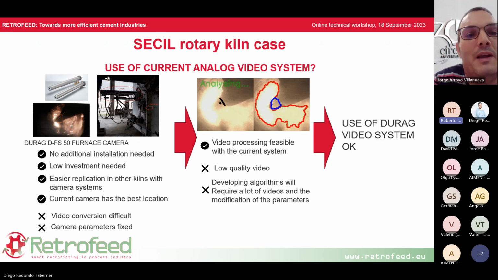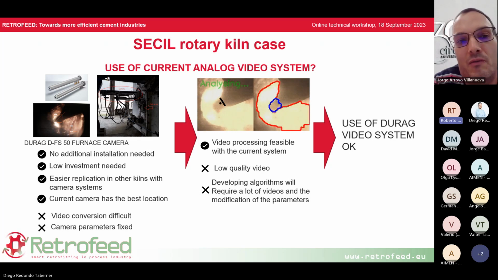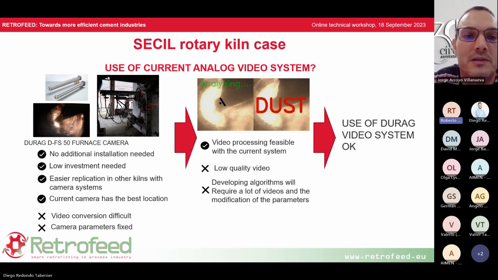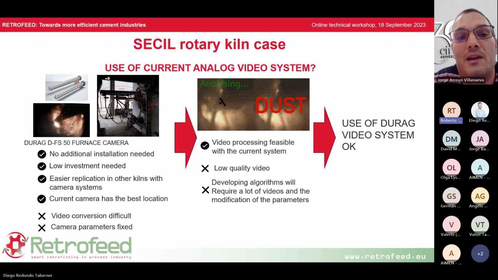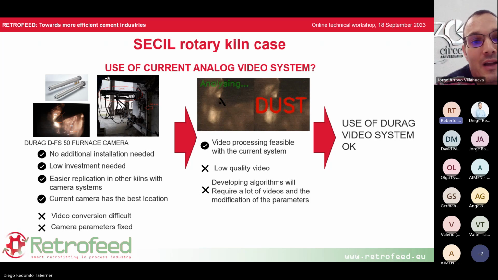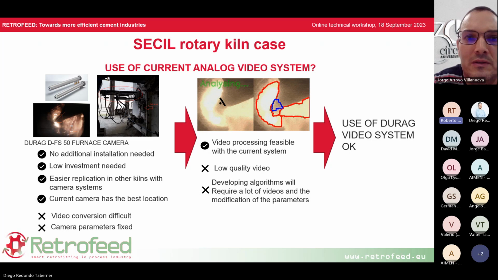It was easy to replicate, because there are a lot of combustion systems with cameras, and we can apply and develop our algorithms with the images coming from those cameras. And the current camera has the best location in the furnace. If we installed a new video system, the point of view was not going to be optimal.